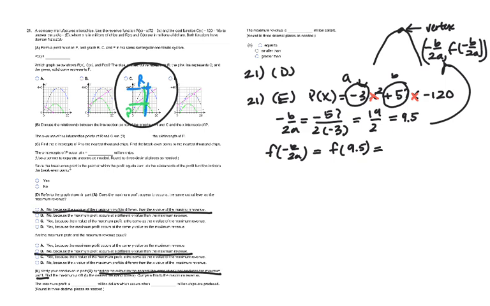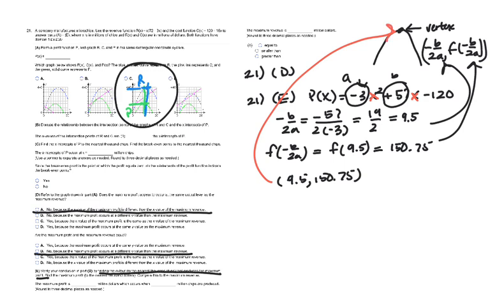In that case we get 150.75, and this gives us the y coordinate of our vertex. So we have 9.5 comma 150.75, and this represents our vertex.